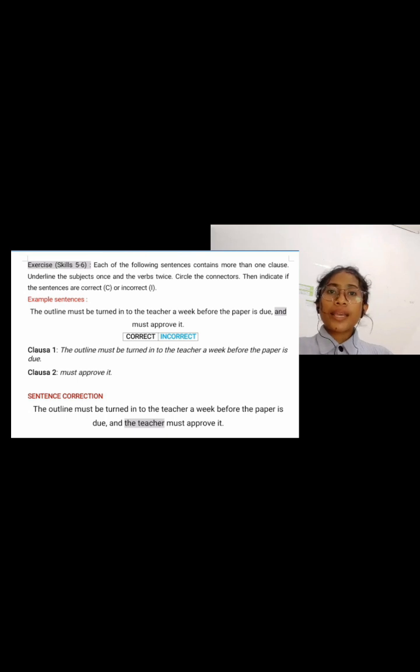The second clause is and must approve. In this clause, there is no subject and it only has the verb must approve. The correct subject should be the teacher because the context is about the teacher's approval, and the connector is and. So the conclusion is that this sentence is incorrect because it does not have a subject in the second clause.